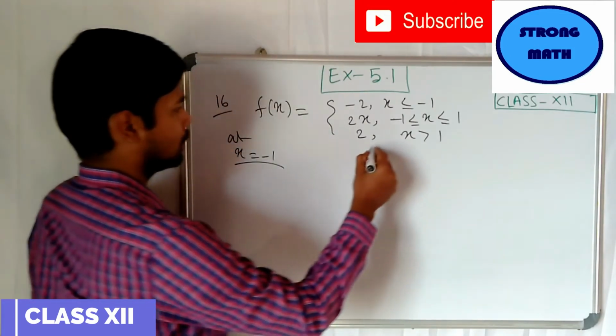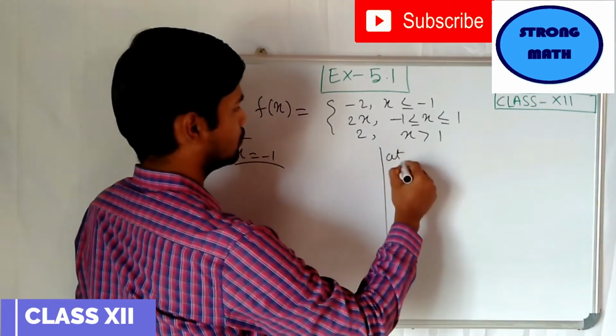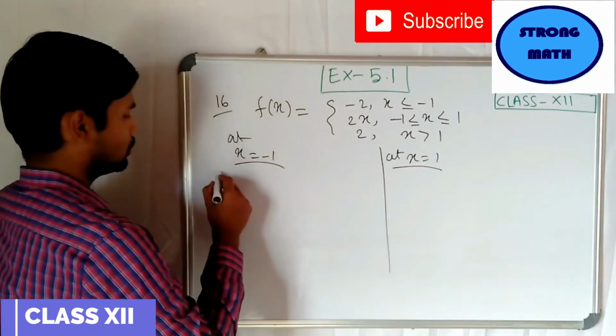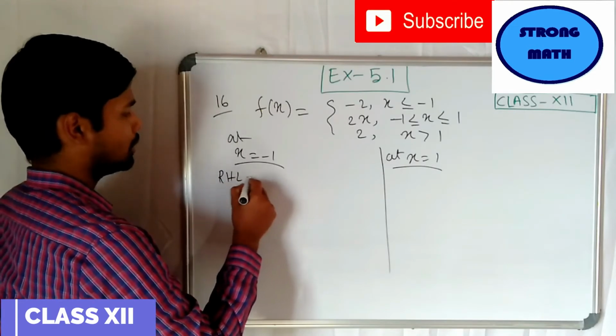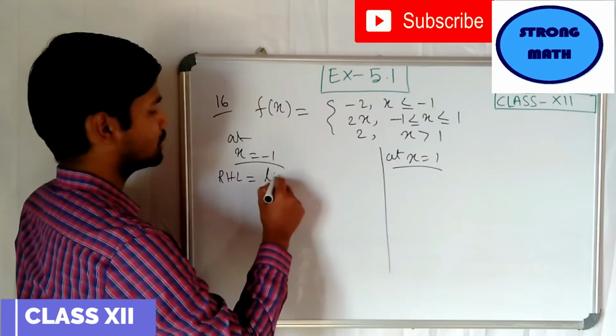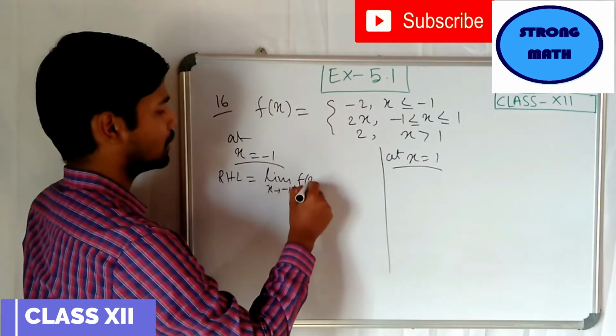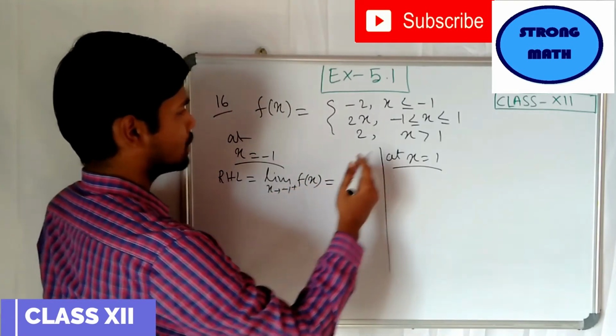and x equals 1. Okay, so right hand limit at x equals -1 is limit x tends to -1 plus f of x, that is right hand side of -1.